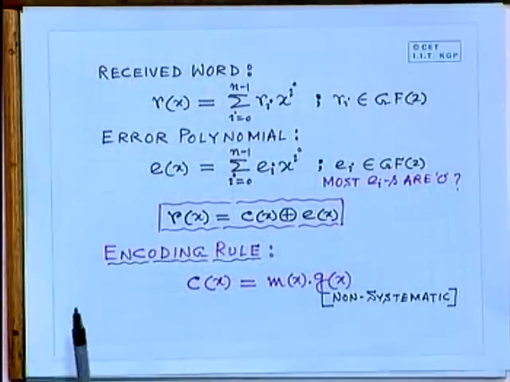Message polynomial, so summation from i equal to 0 to k minus 1. We can view it as a polynomial representation of the k bit message word. So how can we view the generator polynomial, sir, because it is summed from 0 to n minus k. Yes, but n minus k is the number of parity bits.